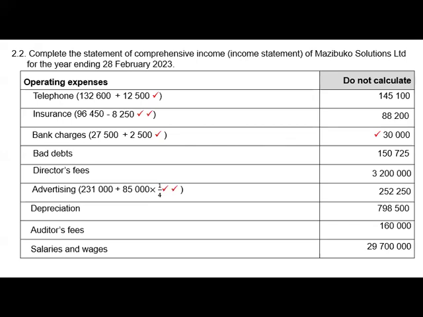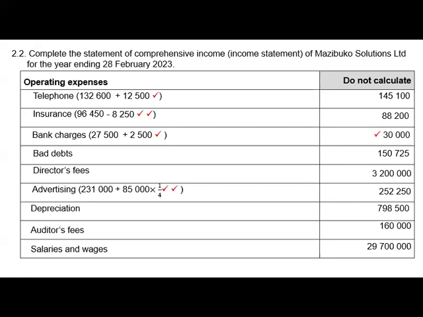252,250. So when we talk about the general journal, because that's how I teach the income statement, I start with the general journal. You will debit advertising by a quarter of 85,000, and then debit prepaid expense, because the 3/4 is what we paid in advance for the next 3 months, which is March, April, and May.